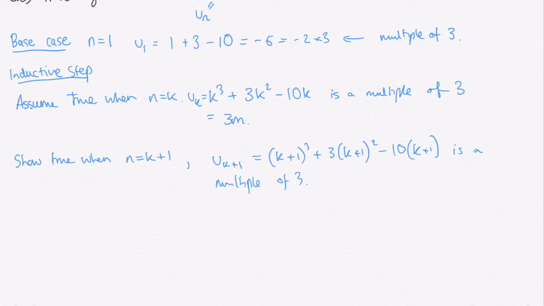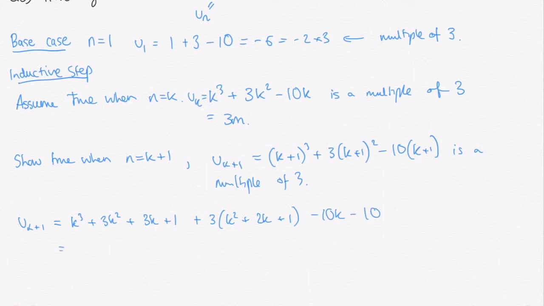Okay, so let's start with u_(k+1). And let's just expand out these brackets. So (k plus 1) cubed is k cubed plus 3k squared plus 3k plus 1, plus 3 lots of (k plus 1) squared, which is k squared plus 2k plus 1, minus 10k minus 10.